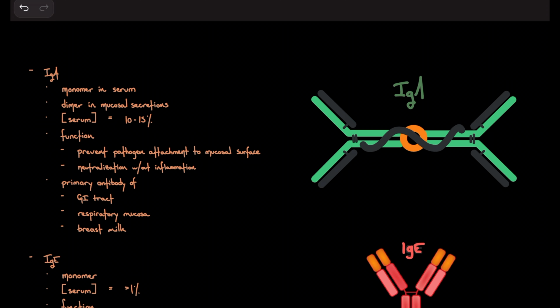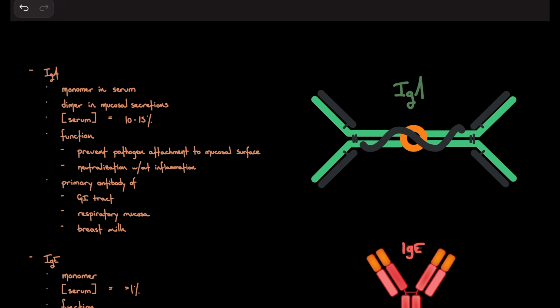If you recall from last unit, they prevent pathogen attachment to mucosal surfaces, and they neutralize without inflammation. So the whole goal is that hopefully I find a pathogen that's trying to climb up one of my mucosal trees, be it respiratory, urinary, or GI, what have you. I find the problem there, and then I can bind and dispatch it there.